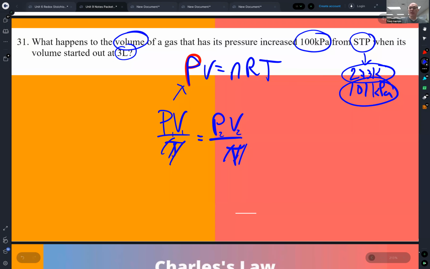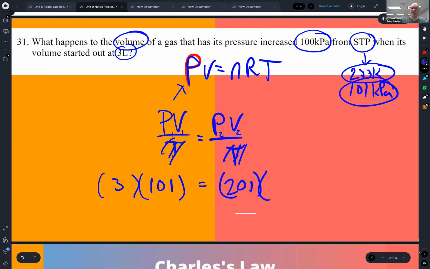So what I'm going to do now is start with STP. I have a pressure of 101. It says that it increases 100 more, so that makes it 201. My volume says it's starting out at 3.